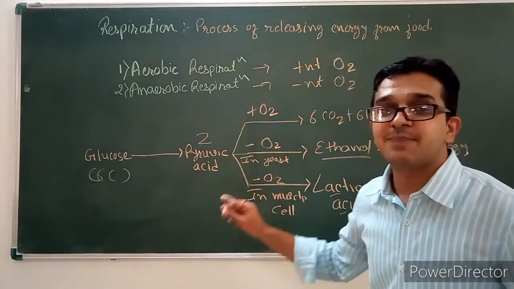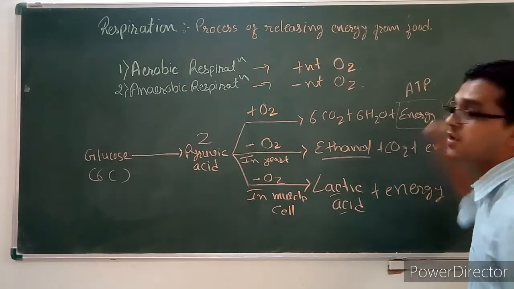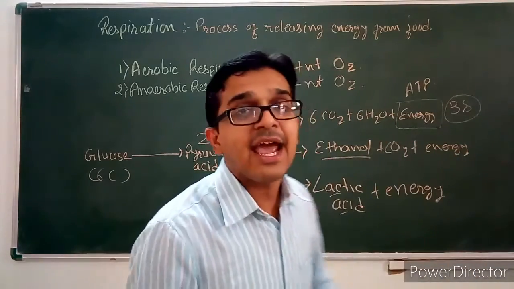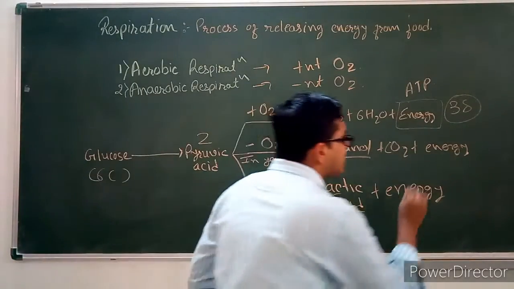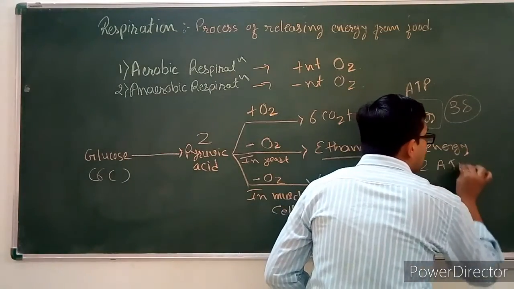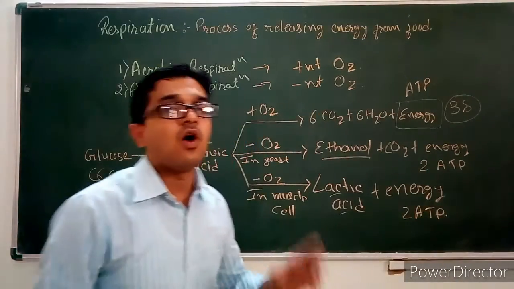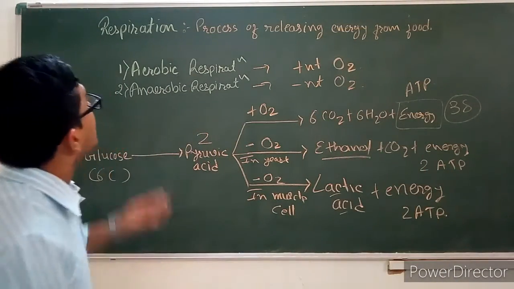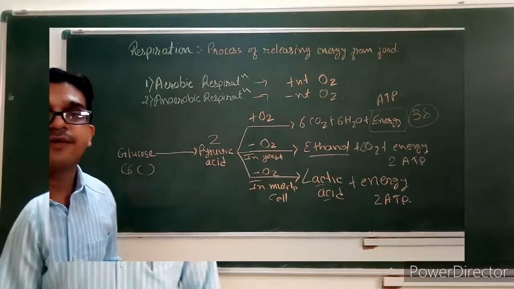So in aerobic respiration 38 ATP are produced, but in anaerobic respiration just the least amount of ATP, that means just 2 ATP, is formed. So that is our respiration process and its types.